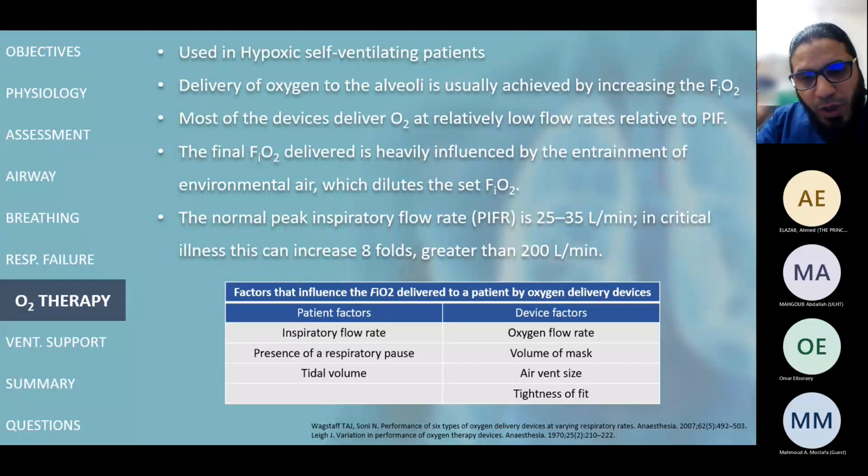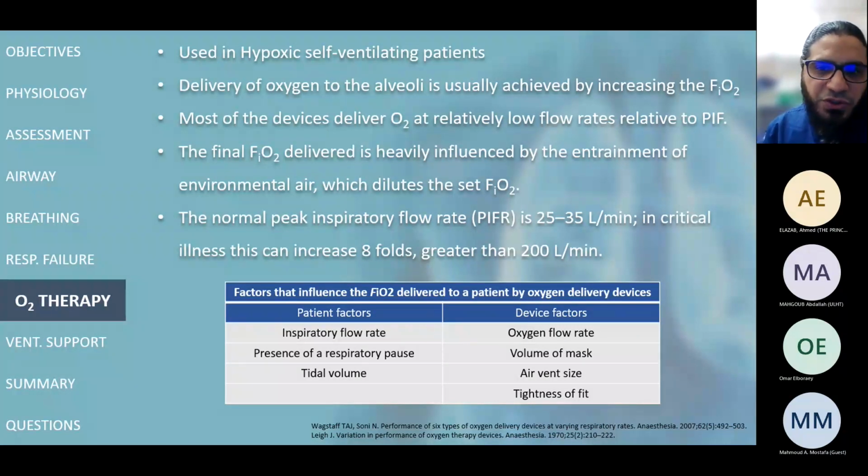So that's why the limitation of using these oxygen devices has two different factors: factors with the patient himself and factors with the device. For the patient, as we said, his inspiratory flow rate is very important because you have to match the demand. In normal breathing, after inspiration there will be a pause.